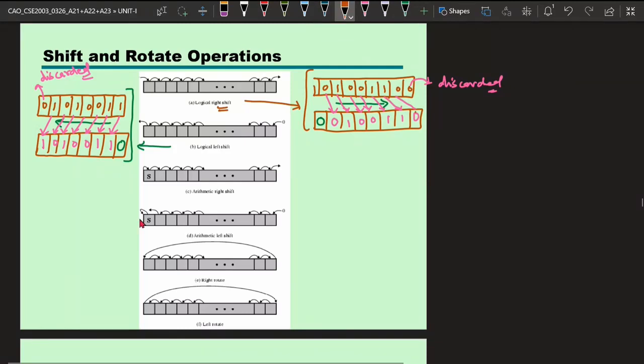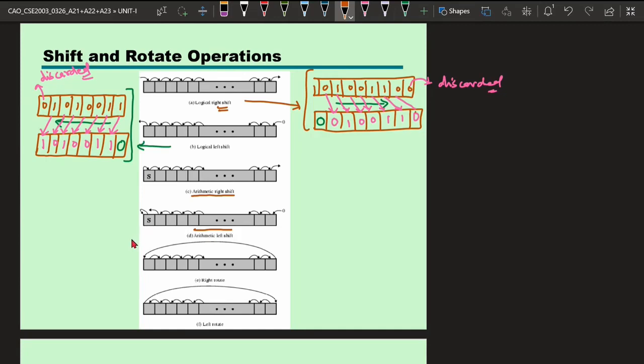So next we will see another type of shift, that is arithmetic shift, arithmetic right shift and arithmetic left shift. So in case of arithmetic shift, we will be considering the sign bit also.